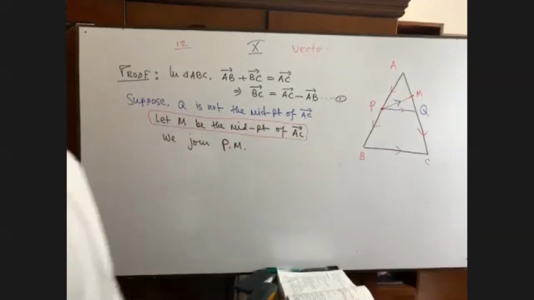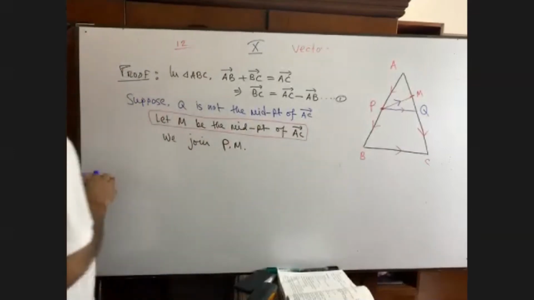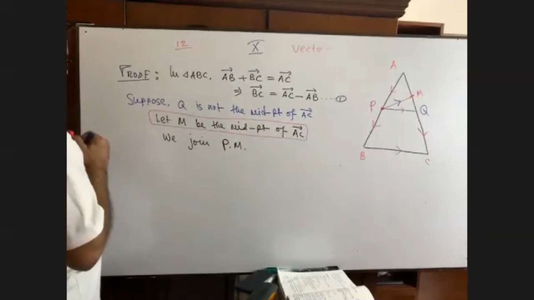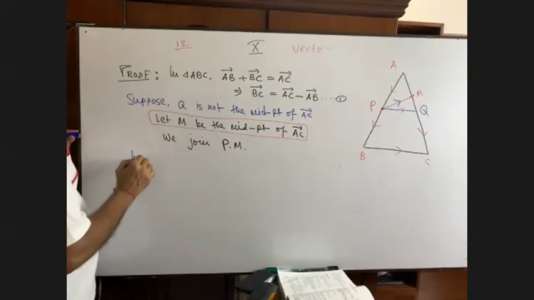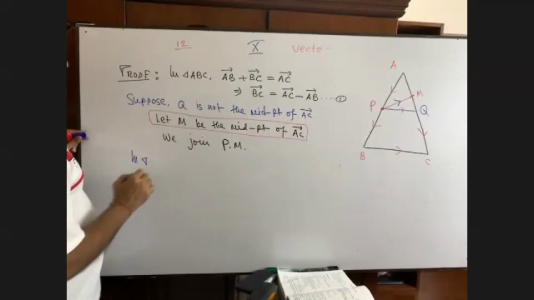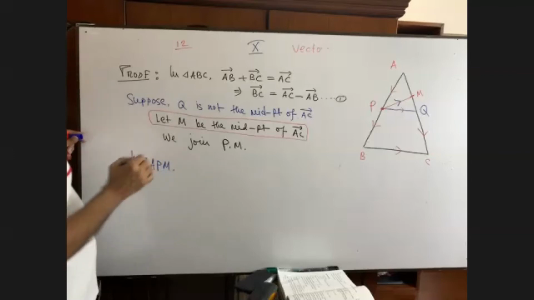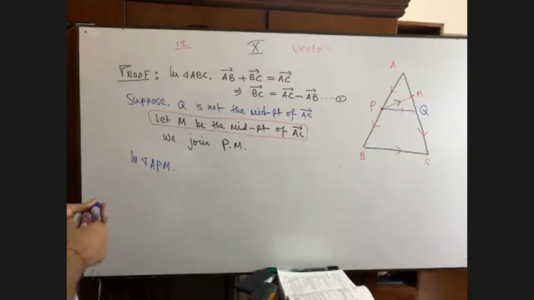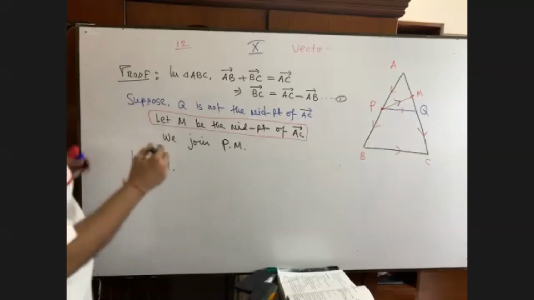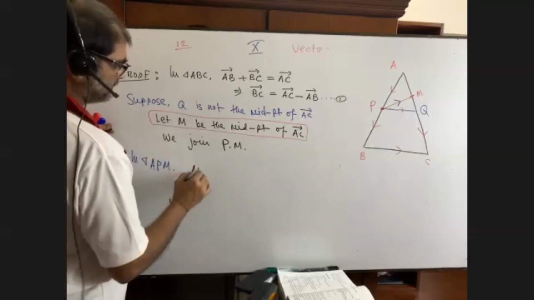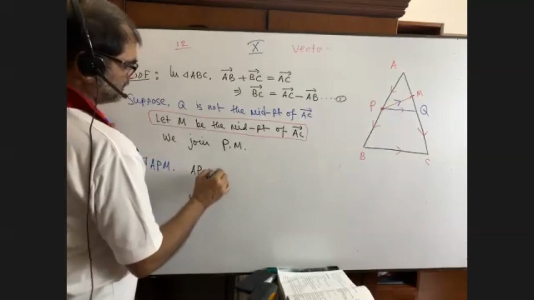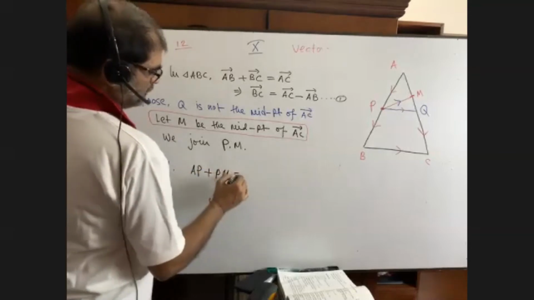Now, in triangle APM, write down. Then, in triangle APM, what should we write? Can you please tell me? AP plus PM equals to AM. You are absolutely right.